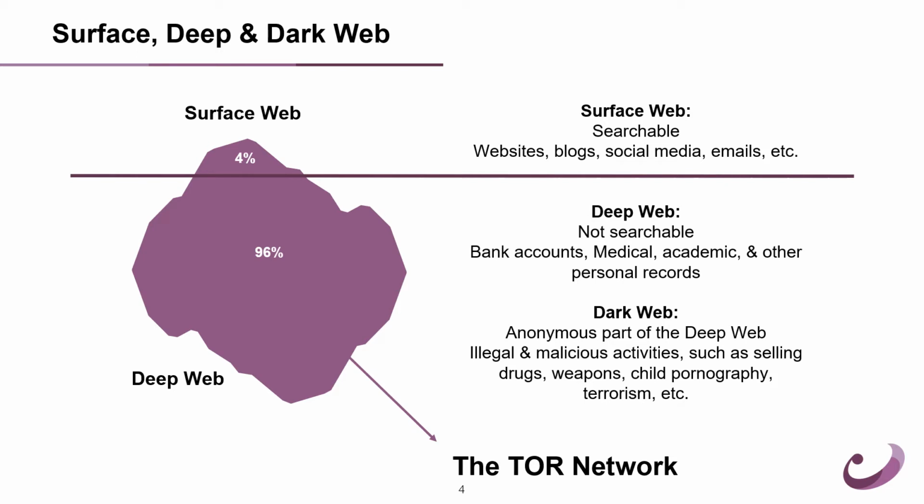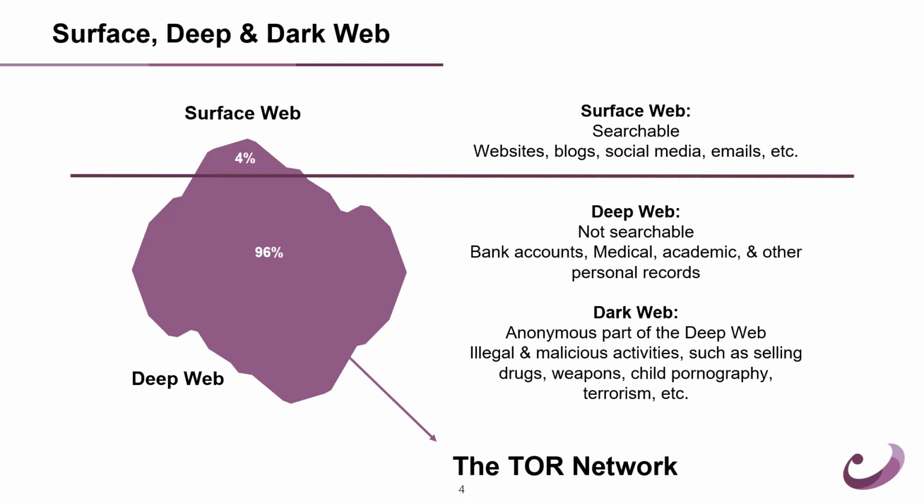On the other hand, the deep web, the subset that is not searchable, consists of about 96% of the total World Wide Web. Its content is not accessed or indexed by any standard search engine. Academic databases, medical records, financial records exist somewhere in the cloud but are not searchable on search engines.